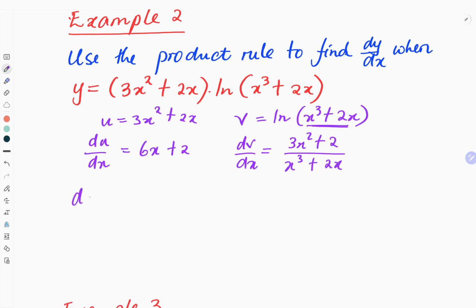And remember now, for the product rule, dy/dx is equal to u dv/dx plus v du/dx.